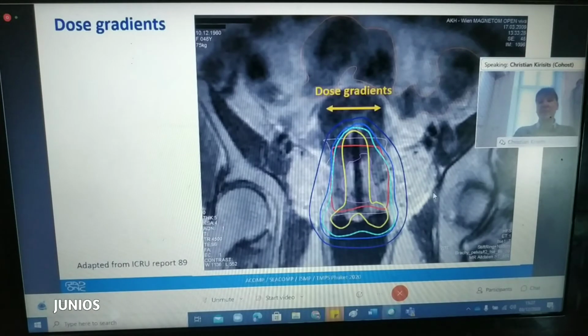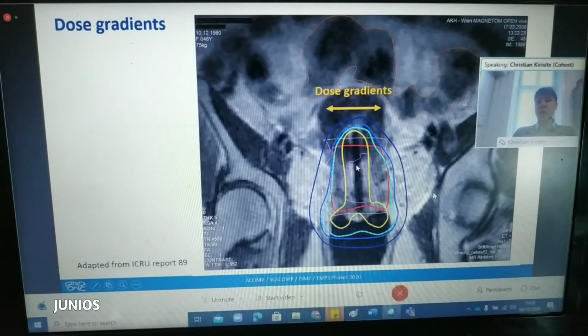These dose gradients, I mean that in intracavitary and also in combined intracavitary-interstitial brachytherapy, we have a dose gradient which is always showing to the left and to the right. So it means we always have the central part where the GTV is, where the intrauterine channel with the malignant cells originated.